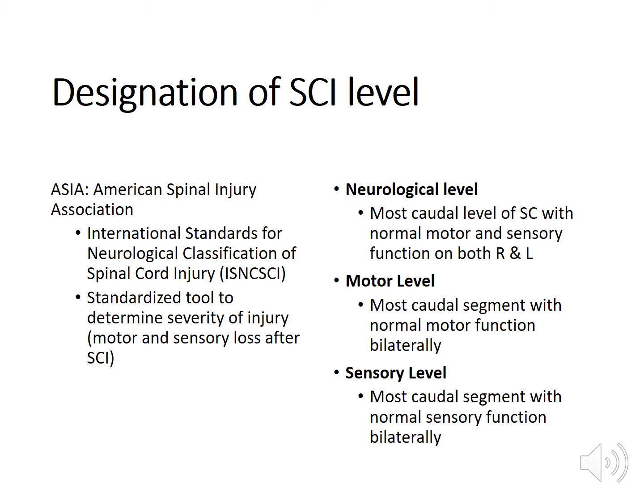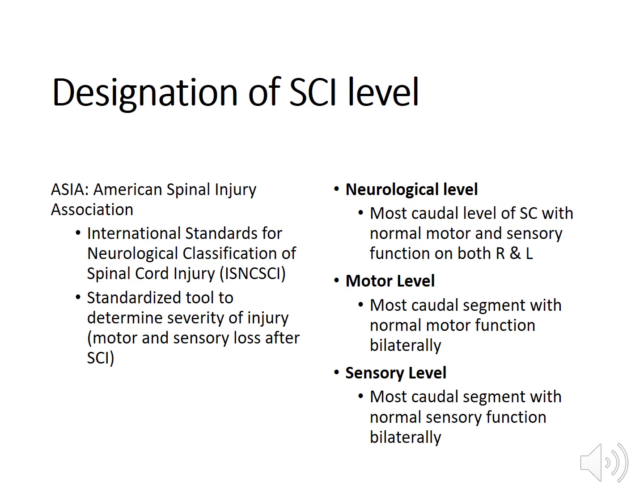What is the most caudal segment that has normal motor function bilaterally? And they have to figure out the sensory level by assessing which is the most caudal segment with normal sensation bilaterally.